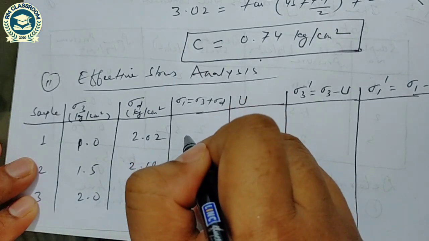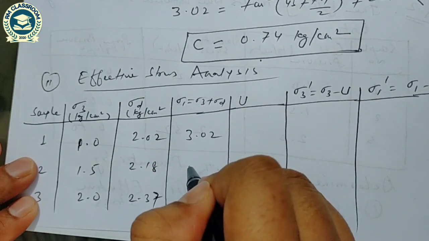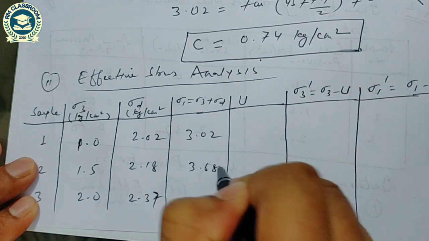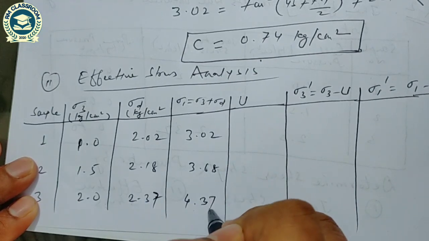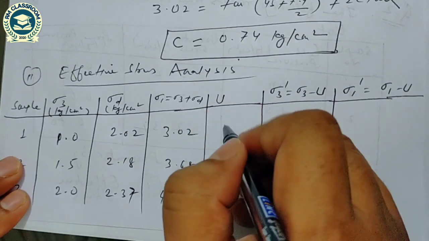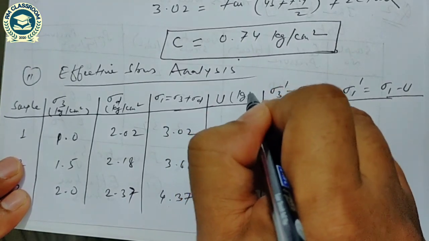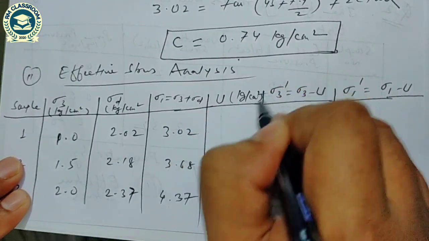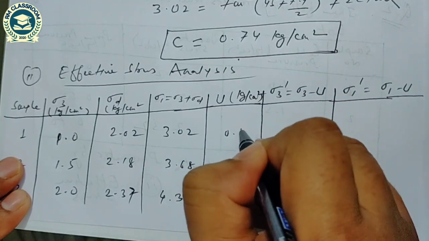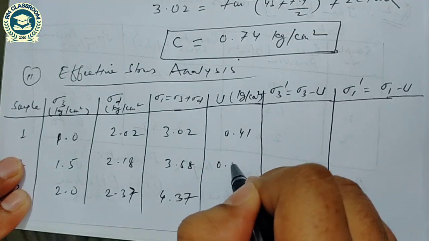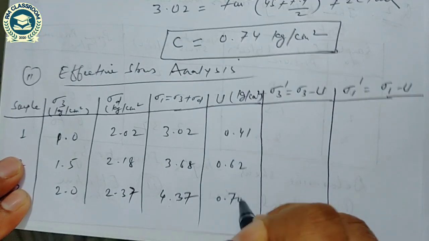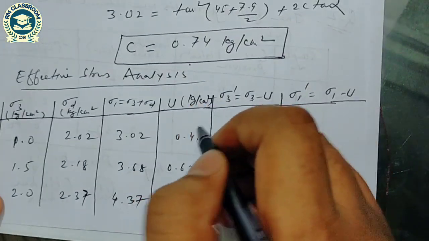So sigma 1 can be 3.02, 3.68, 4.37. Pore water pressure is given in the question. Pore water pressure is 0.41, 0.62, 0.70.